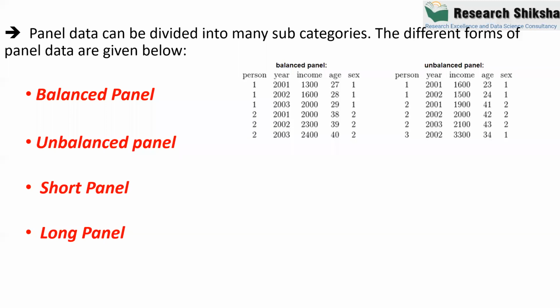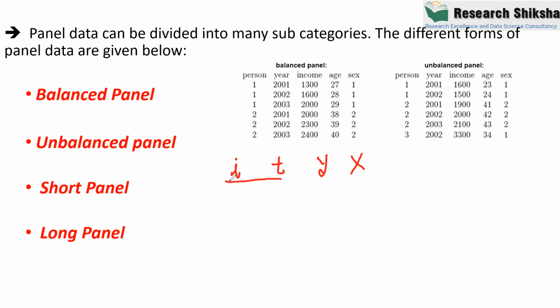What is the balanced panel data? One thing I want to tell you here: in panel data, we have two very common things, I and T. Here I is the representation for the cross section, and T is the representation of the time period, and we have the variables Y and X. Y is the dependent variable, and X is the independent variable.